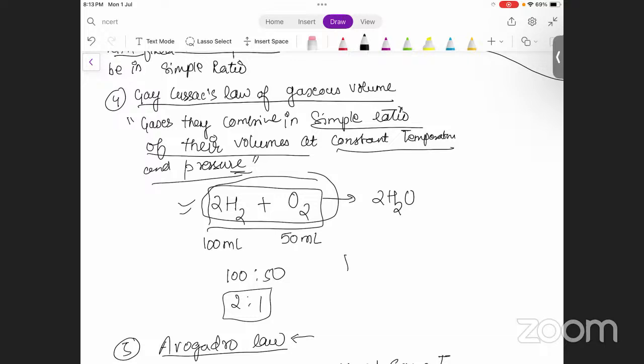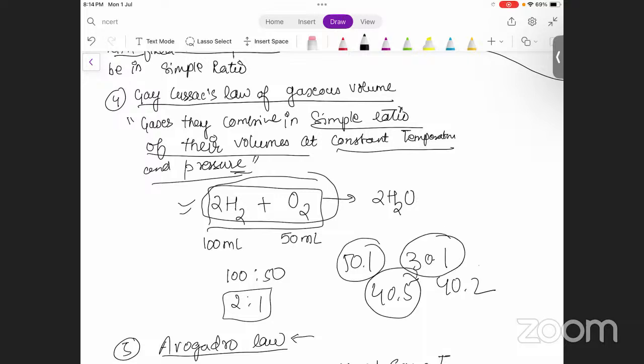It can't be 50.1 or 30.1, 40.5, 40.3. Because if the volume of oxygen had come out like this, then we couldn't have got the simple ratio of volumes.